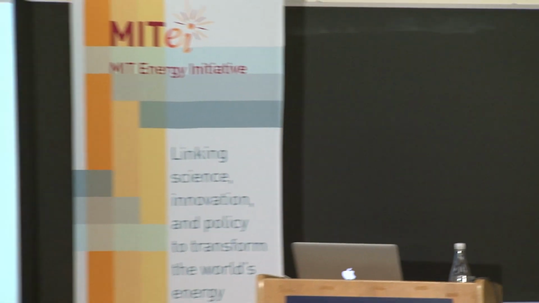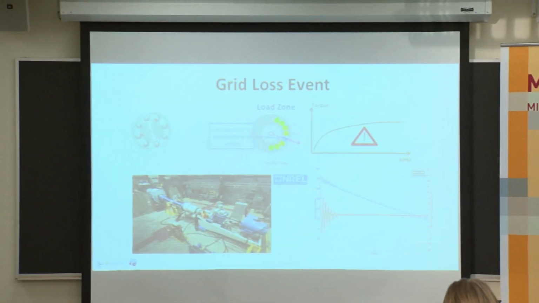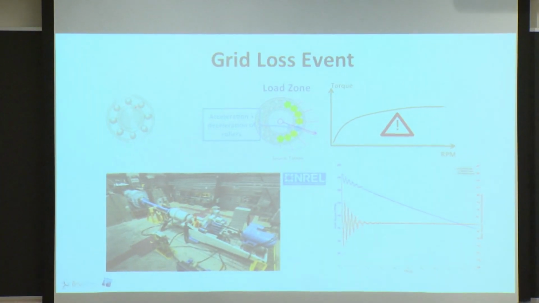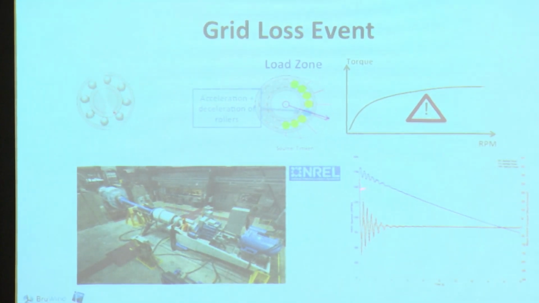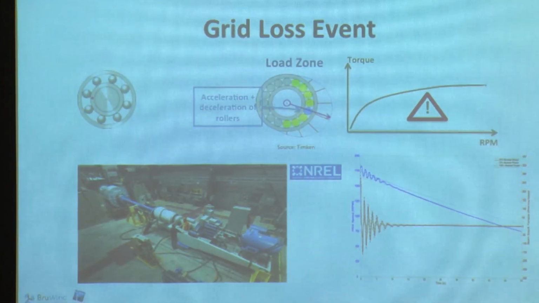It cannot produce electricity anymore, so all of this energy needs to go somewhere. You can compare this to a spring that's completely turned and has a lot of force in it that you just release. So what the gearbox does is, this is the RPM. We didn't brake. The turbine will normally brake, but we really wanted to understand what happens with this non-torque loading, with this torque reversal.